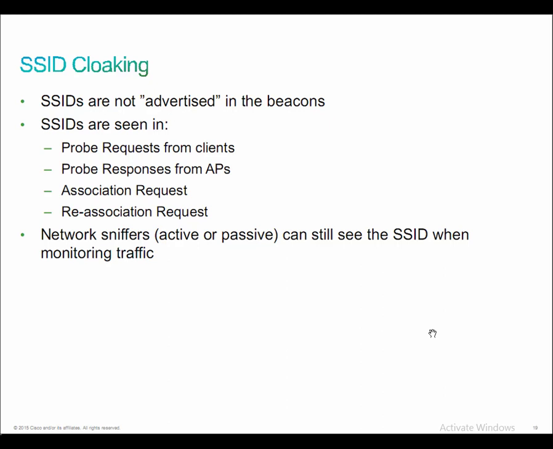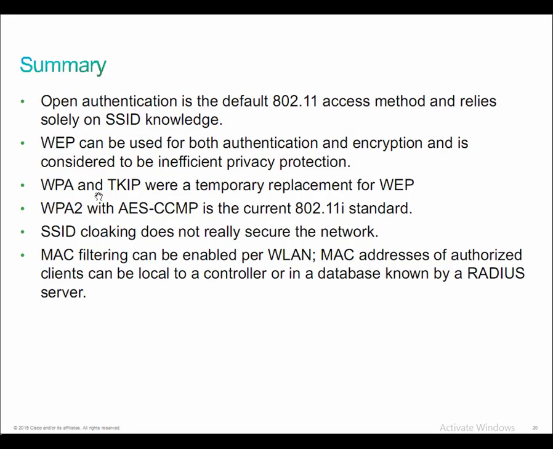And we have synchronization that has to occur and so on. So it's not that it's not done. It certainly is something that we do from time to time, but it certainly should not be a primary line of defense, and you should consider implementing other more secure methods of securing the wireless network.